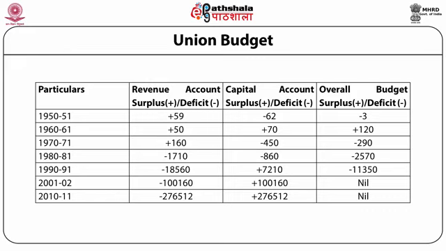In terms of capital account, we have seen that there was a deficit, but in 2010-2011 it was a surplus of 2,76,512 crores. And when we look at the overall deficit or surplus, the situation has deteriorated over a period of time.